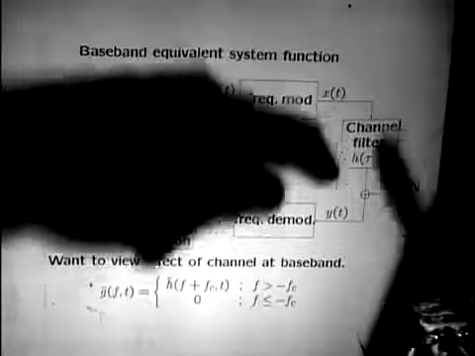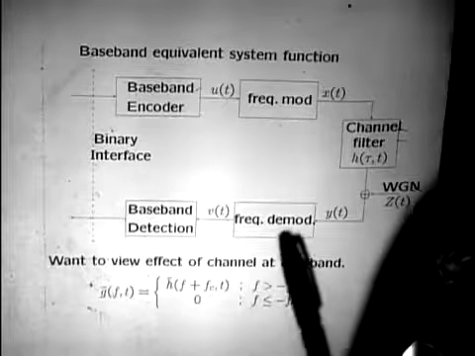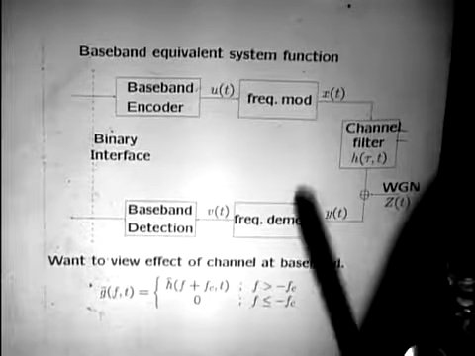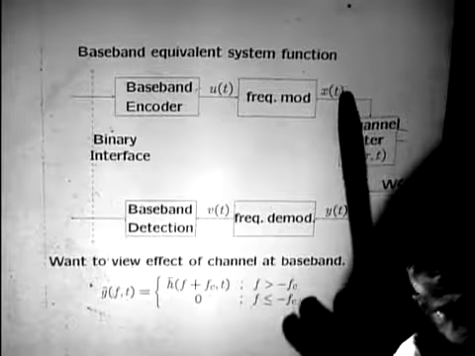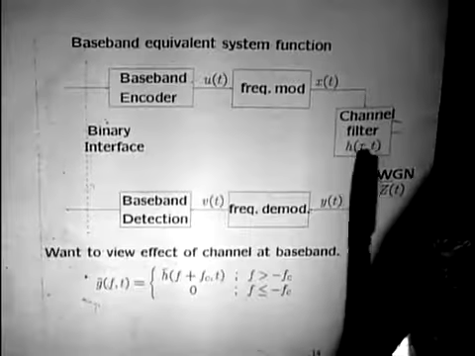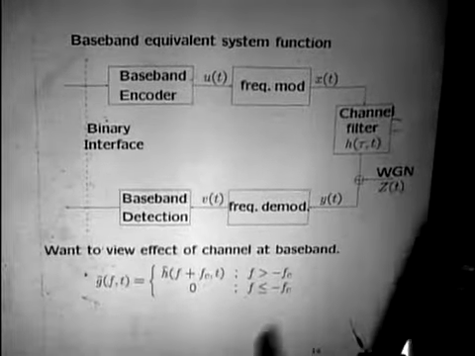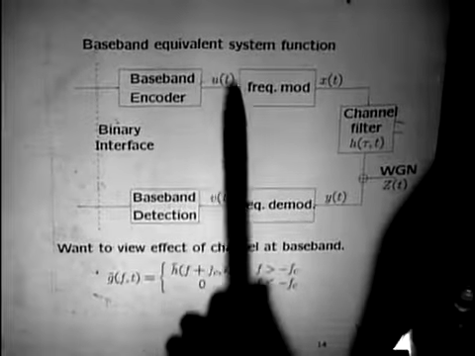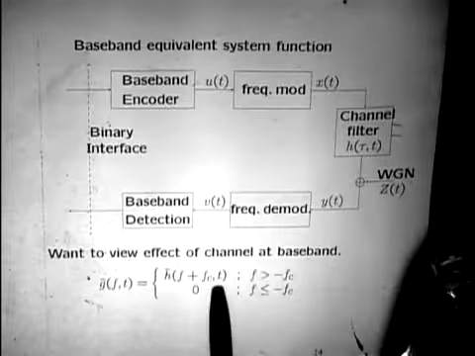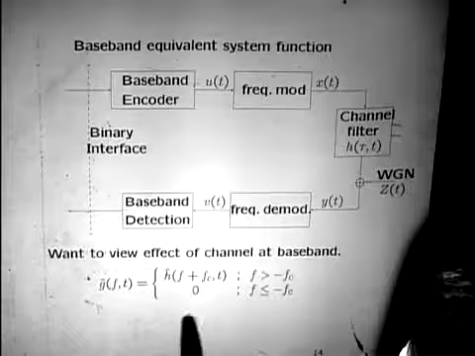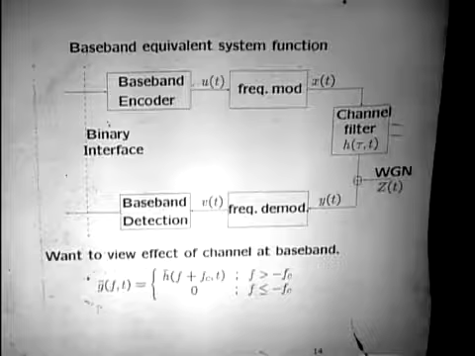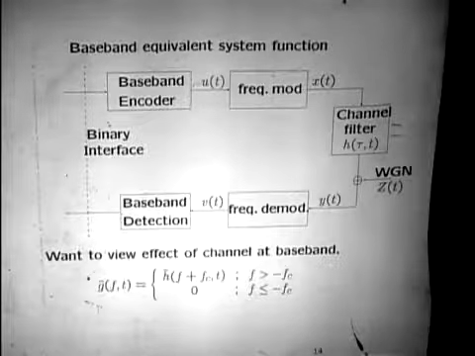In other words, when you take what comes out of here, you shift it down in frequency by f sub c, and this channel filter gets shifted down in frequency by f sub c. Therefore the effect is passing u of t through a baseband filter h hat of f plus f sub c and t, or 0 for f less than or equal to minus f sub c. Okay, so far this is all kind of straightforward and not too mysterious.